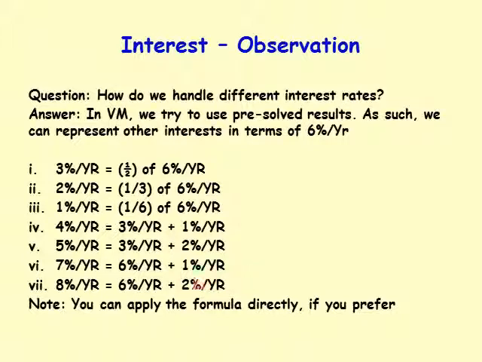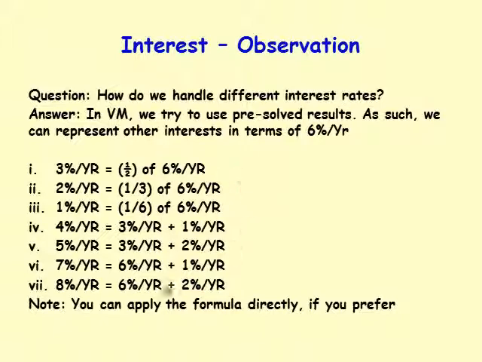Okay, let's continue. We're not trying to make it complicated here in Vedic math. We're trying to see if maybe it's simpler somehow, because we have pre-solved the result for 6% per year, and we already know that in 60 days, $1 earns 1 cent of interest. So in 60 days at 6% per year, $1 earns 1 cent of interest.